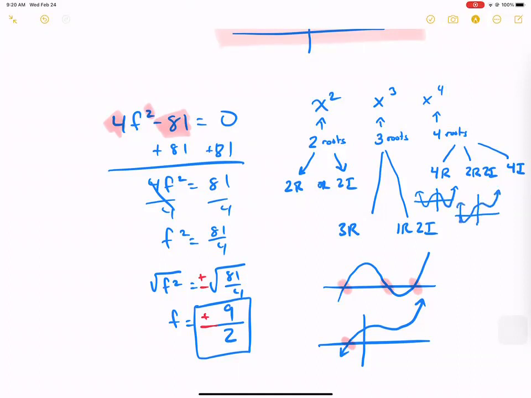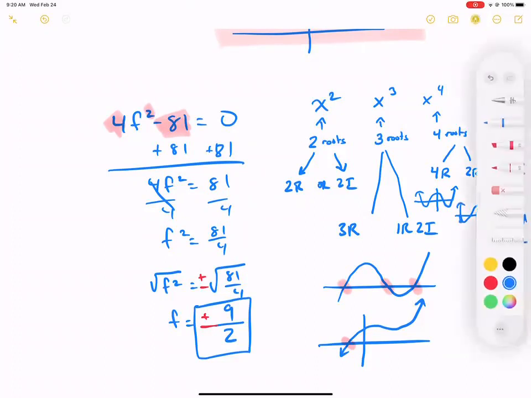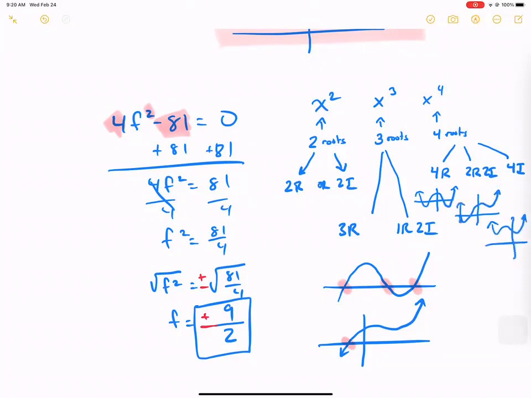And the last one, it could be just really high, so it could never touch the graph. Let me go ahead and show you guys that with the red. It touches at 1, 2, 3, 4. This is only 2, and this is none at all. So our answers may not always be real, but if they do come in imaginary answers, they always come in sets of 2.